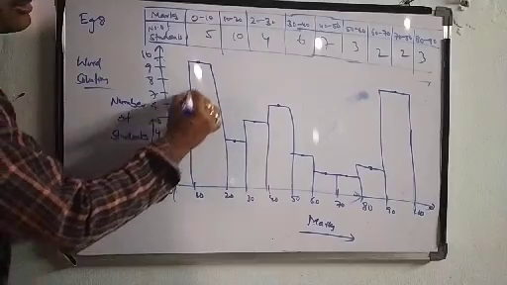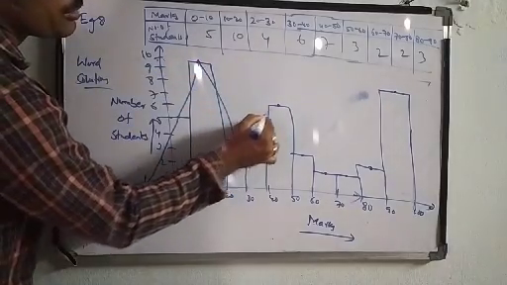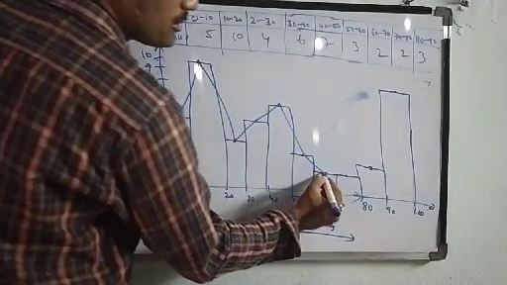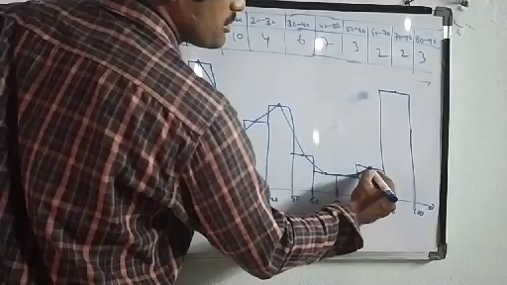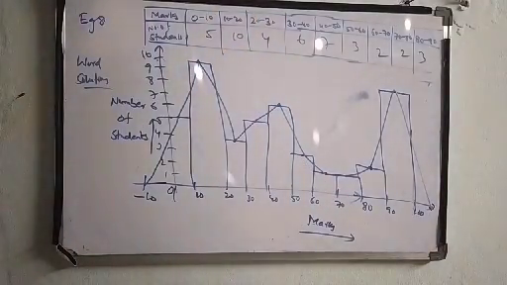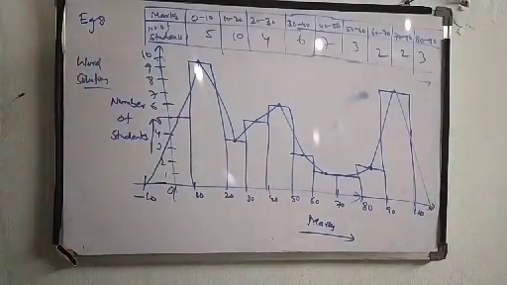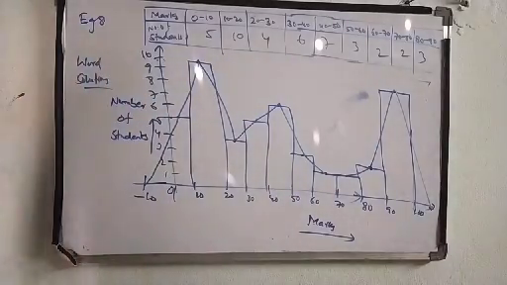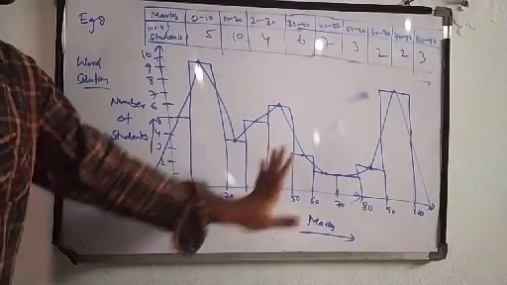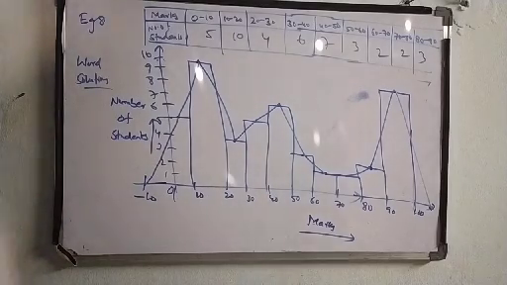This is first point, second point, third point, fourth point, fifth point, and sixth, seventh, eighth, ninth, and tenth. So this comes under frequency polygon, since we are drawing by using the scale. And one more thing, without the histogram also we can draw the frequency polygon. That we will be discussing in the next question.